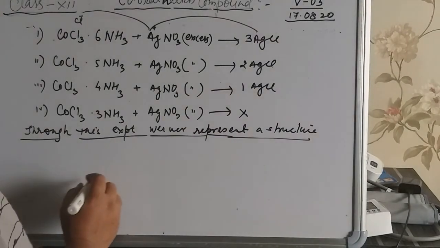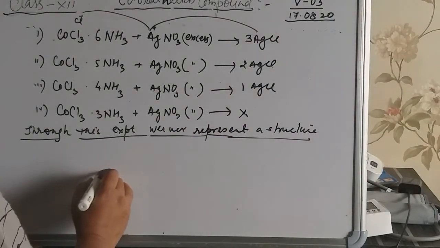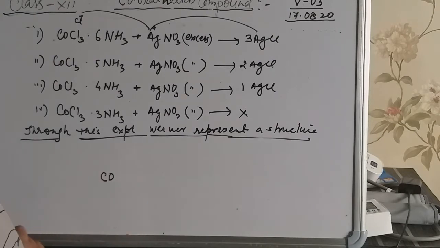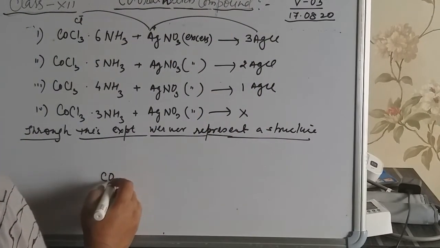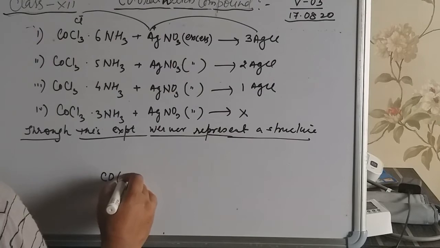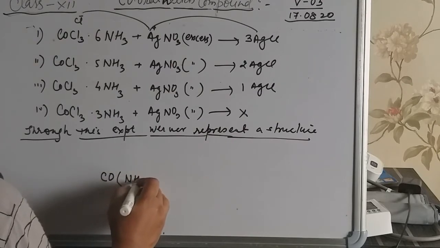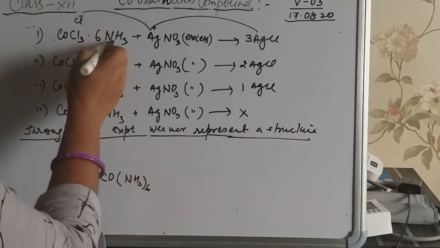So at first, cobalt with 3 ionizable chlorine here. That means cobalt with 6 NH3, because there are 6 NH3 here.